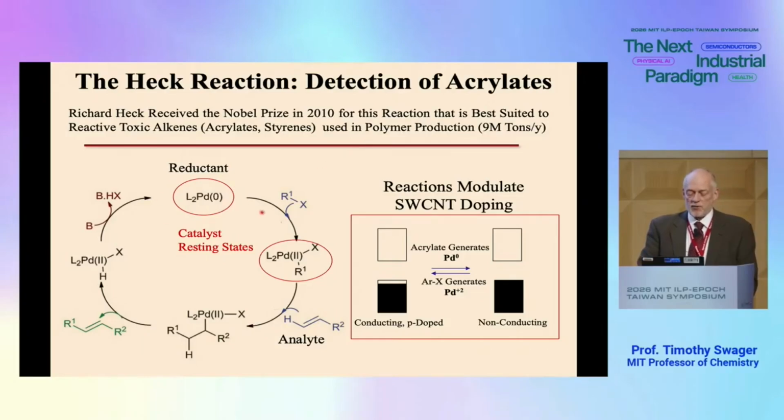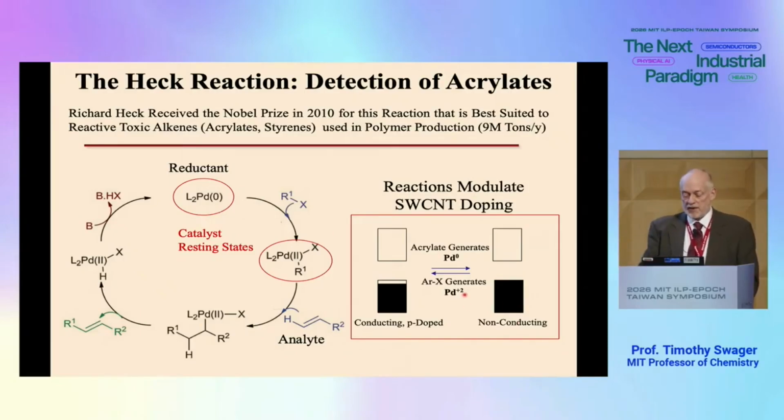So again, when we generate palladium 0, what's it going to do? It's going to take these p-doped nanotubes. Again, air is doping the nanotubes, and it's going to push it over to this side and essentially compensate all those carriers and reduce the conductivity of the material.